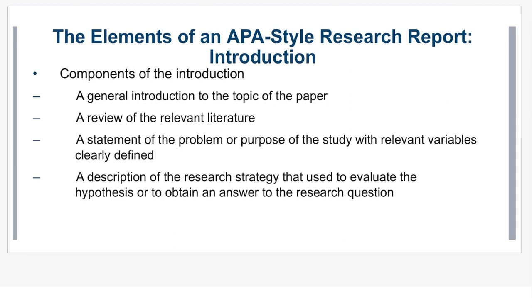But generally, you're introducing the topic, you're reviewing the relevant literature, and along with that, you are explaining how you arrived at your research question from this previous research that you provided, and you're showing how this research is providing a rationale for your specific study and your specific hypothesis. That's what you're leading to the whole way.